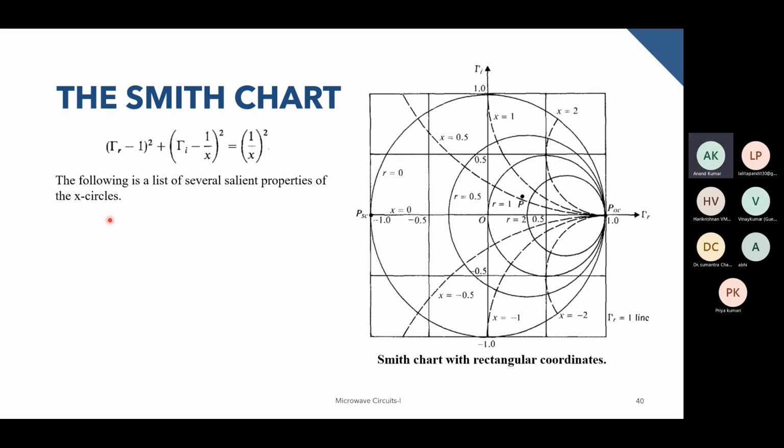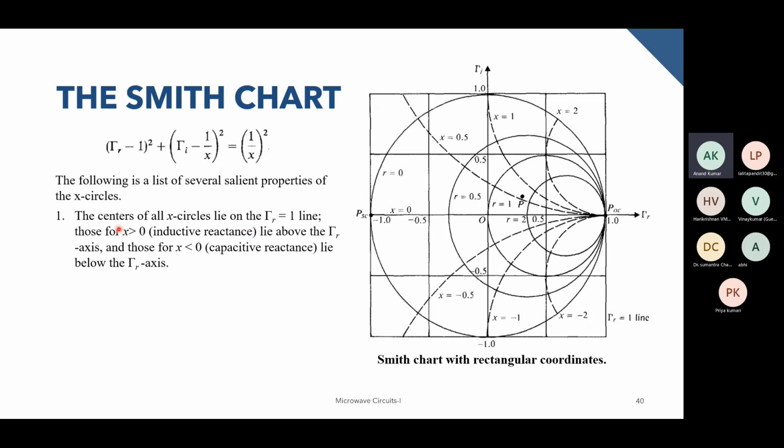Now looking at the salient properties of the X circles, the centers of all these circles will lie on the gamma r equal to 1 line, which is this particular line. Maybe again, I'll try to use the pointer if that works. Everything will lie on this line, all these centers. For inductive reactance, X greater than 0, the centers will lie on the positive side, above the gamma I equal to 0 axis.